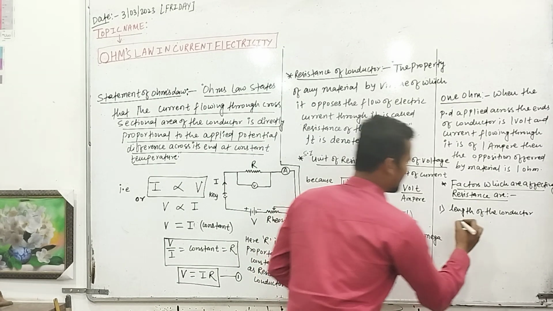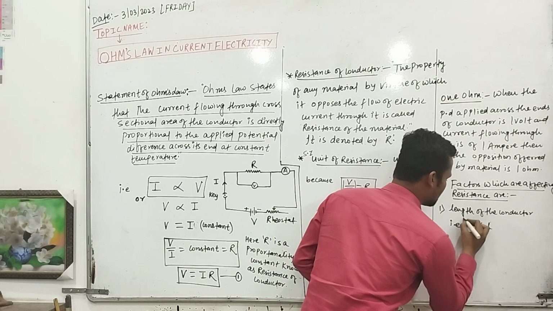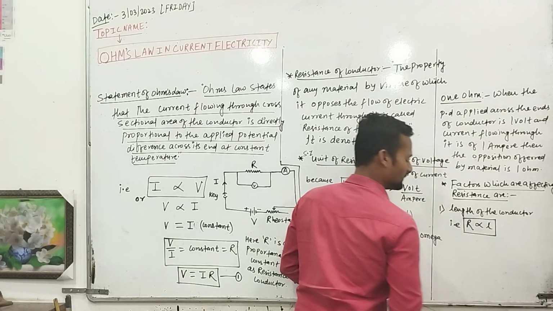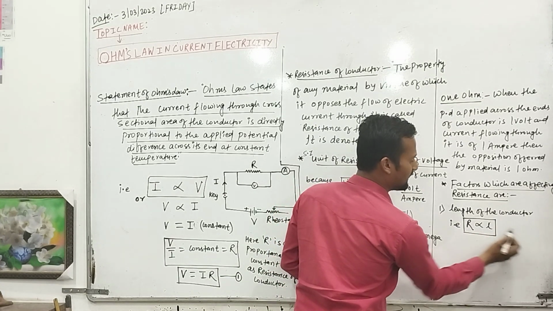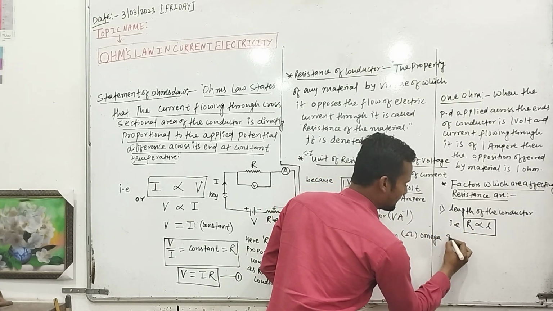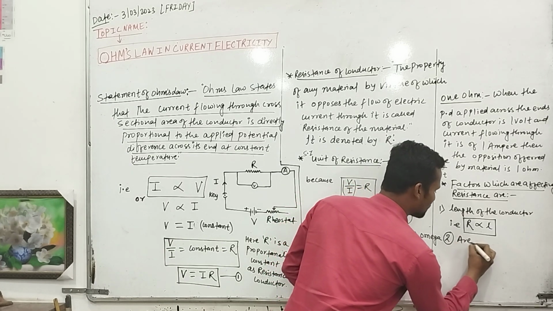So the resistance of the conductor is directly proportional to L. So if L increases, R increases. If L decreases, R decreases. Another factor which affects resistance is area of cross section.